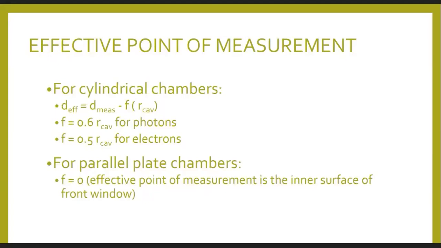The effective point of measurement in electrons is at 0.5 R cavity closer to the beam source. And as we said, for a parallel plate chamber, the effective point of measurement is at the front surface of the air cavity, or the inner surface of the front window.